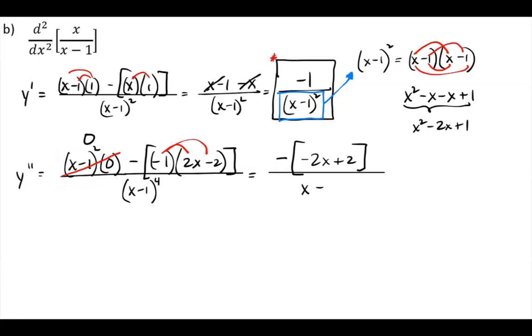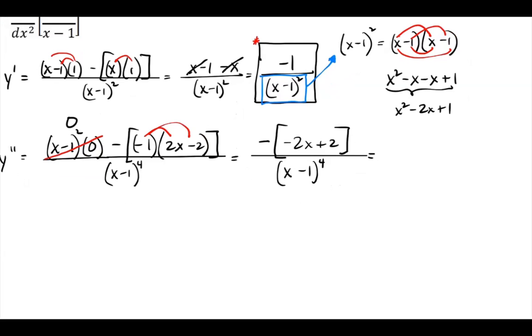And on the bottom, I have x minus 1 to the fourth power. Be careful with your signs here because there are a lot of negatives going around. Okay, so now I'm going to distribute that negative sign, and I get positive 2x minus 2 over x minus 1.